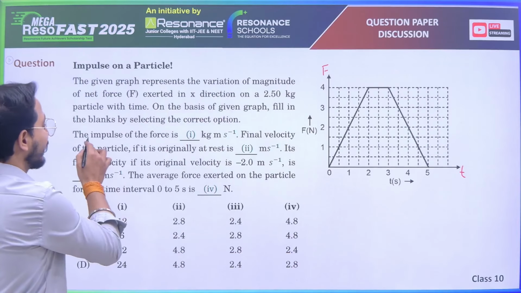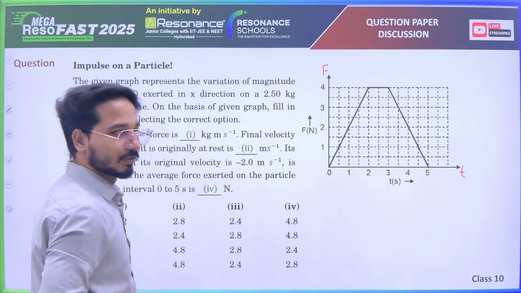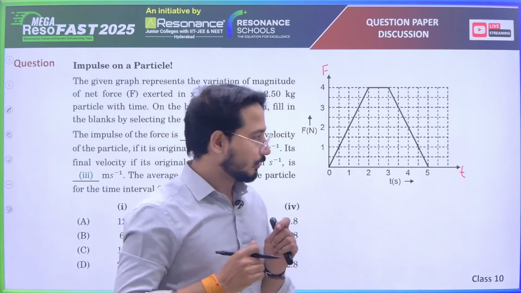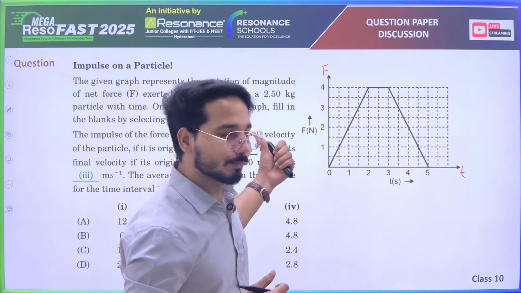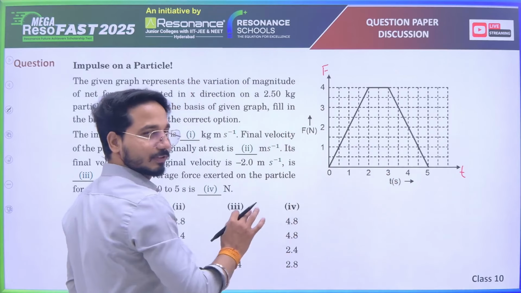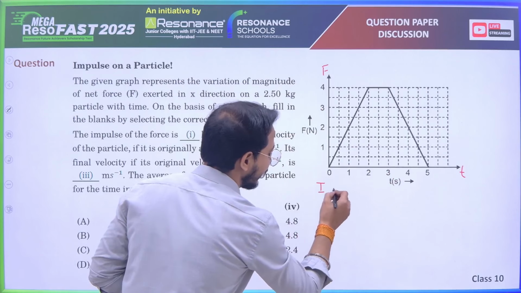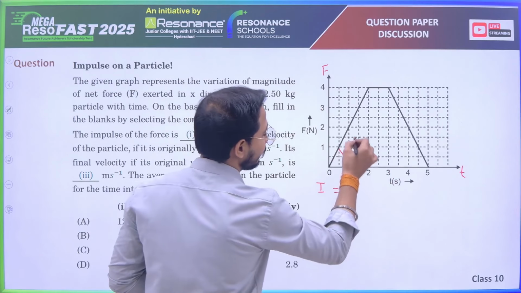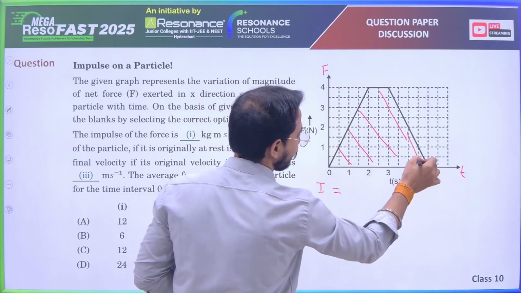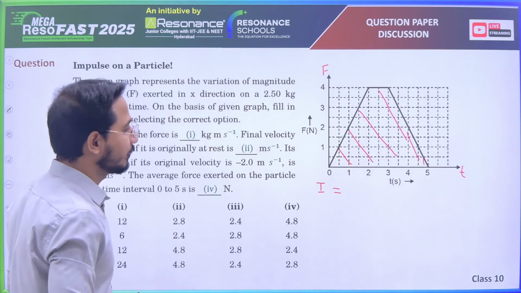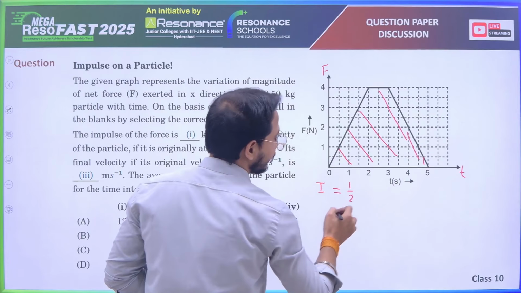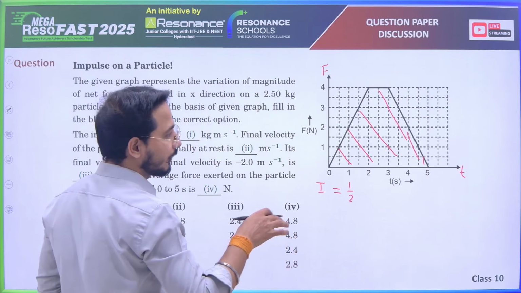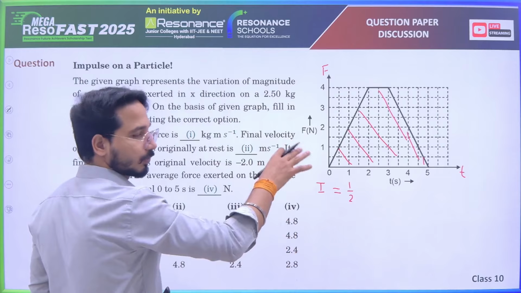It is asking the impulse of the force. We know that the area under the F-T graph gives us impulse. So impulse over here will be equal to the area of this graph. This is a trapezium. We know the formula of a trapezium: half into height into base 1 plus base 2.